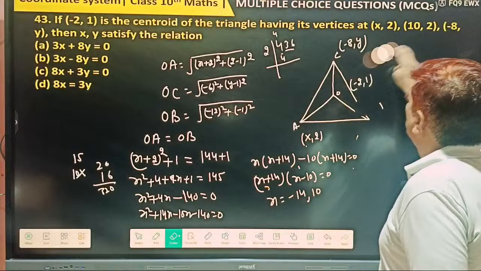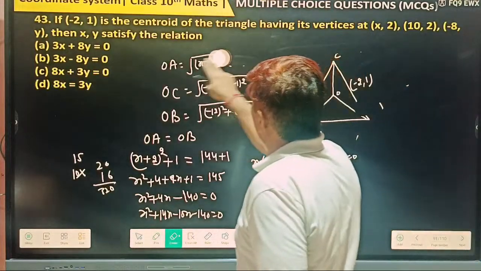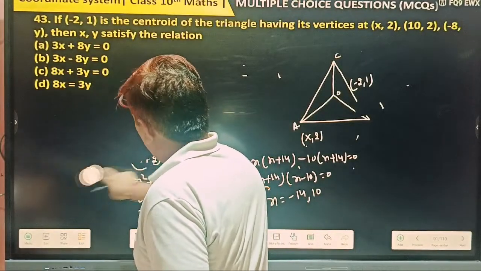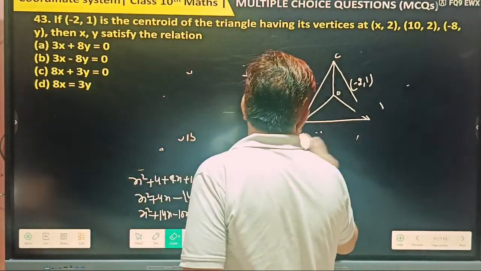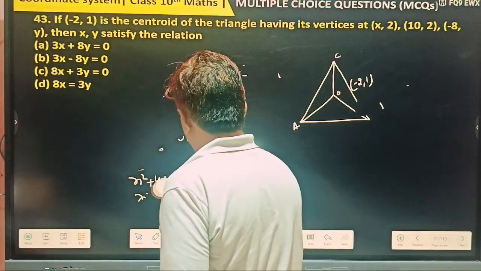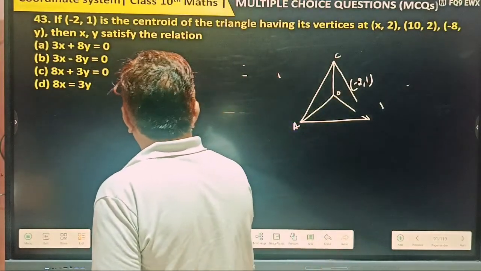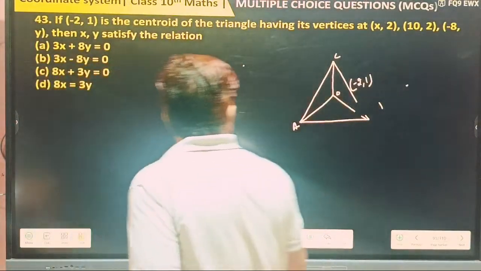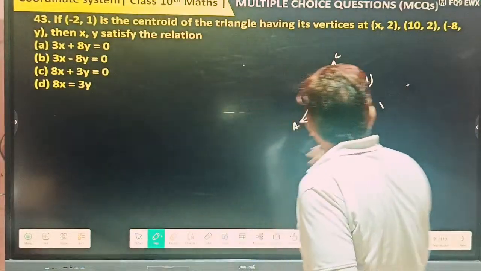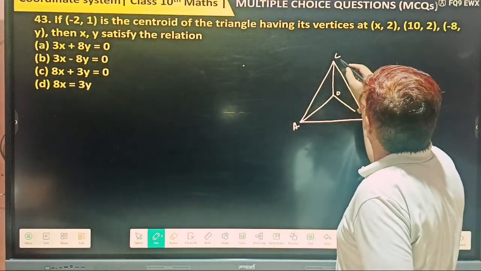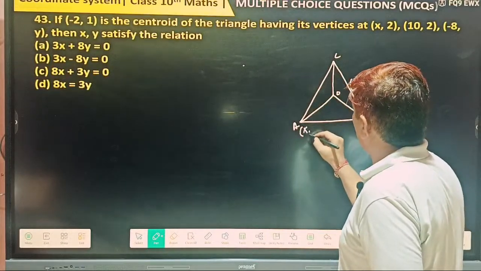Told you or not? So the centroid of the triangle is this. So it creates a problem for us, so we will apply this. Which method? The first one. So I will show you this. Here A, B, C. A is what? x, 2.